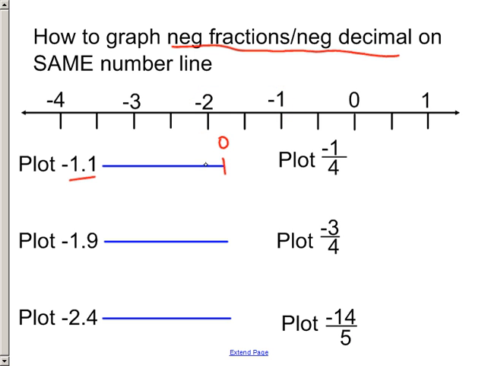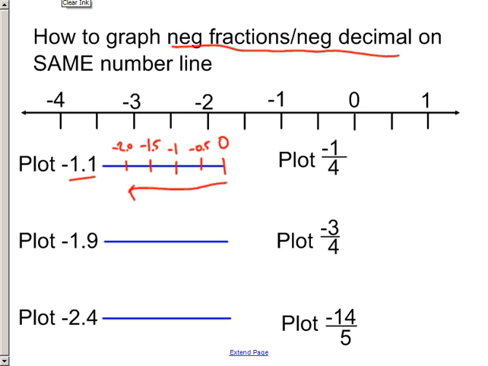The next thing would be negative 0.5. If we skip halfway, and then another halfway skip, this would get us to negative 1. Then another skip over here would get us to negative 1.5. Then another skip with a half would get us to negative 2.0. So it's going this way. It's like your numbers are increasing as you go to the left.